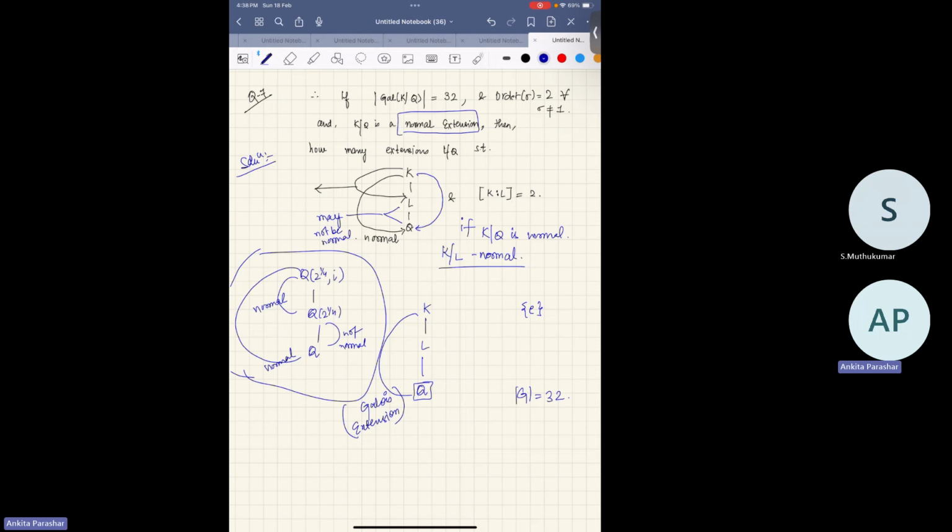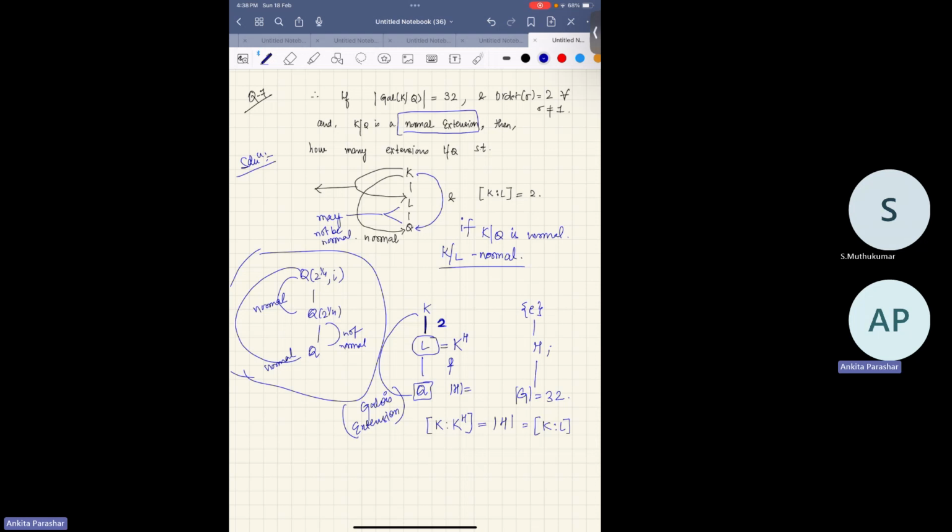In between, we want to know how many L are there such that K over L has degree 2. This degree we want to be 2. This is the same as knowing that L has to be the fixed field of some subgroup, and can you say about the order of that subgroup? The degree of K over K^H is the same as the order of H. Exactly.